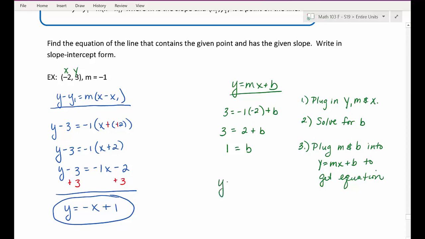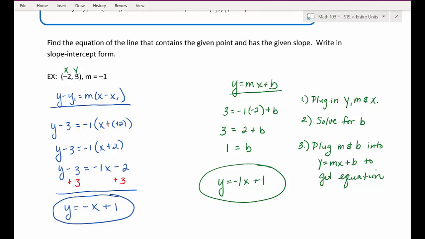We'll have y equals, our m was negative 1 times x plus the b that we found, which was 1. Y equals negative 1x plus 1. We see that we get the same answer with either technique. Practice both of them and then just decide which one you're more comfortable with using. There should never be a time where you're forced to use one or the other.